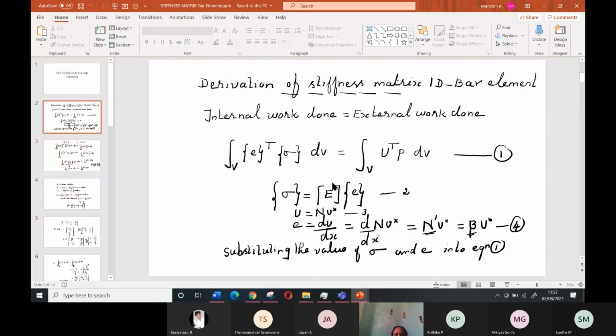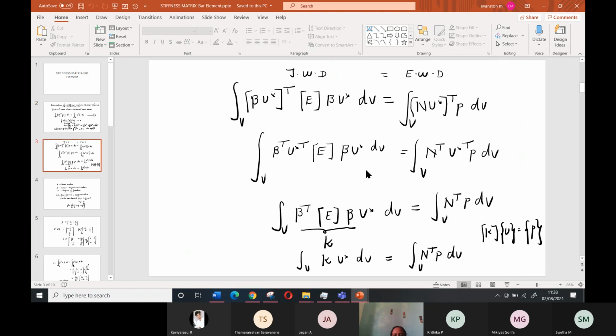This is the shape function for the CST element. We have derived the shape function for the bar element, the one dimensional element, and the two dimensional element. You remember, using the virtual work method, internal work done is equal to external work, and based on that we have derived the shape function. That is, the beta matrix we have derived.